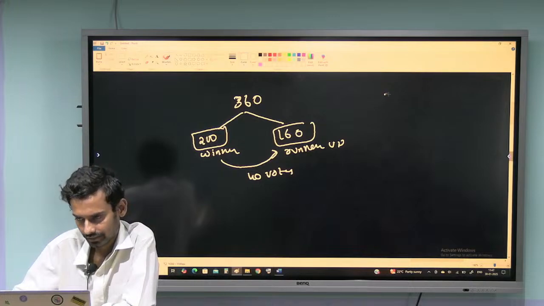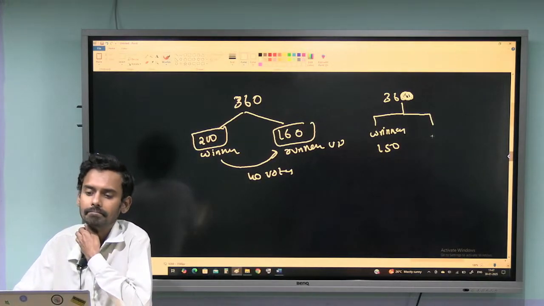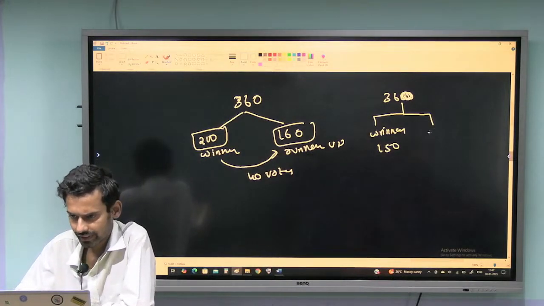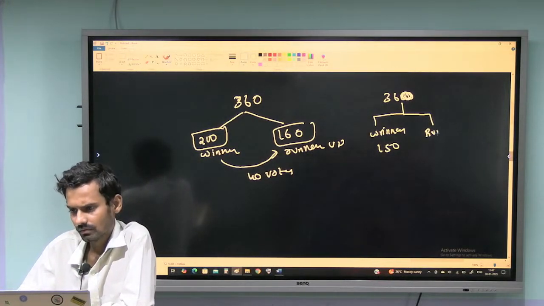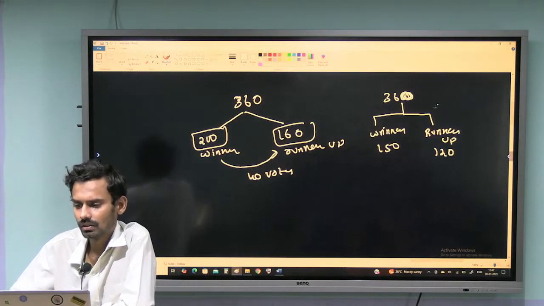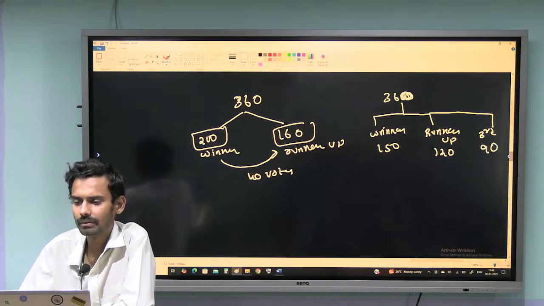Suppose there are three candidates and 360 votes; the winner is getting 150 votes, the runner-up is getting 120 votes, so the remaining 90 go to the third person.